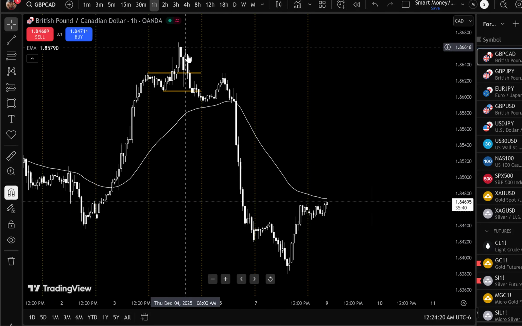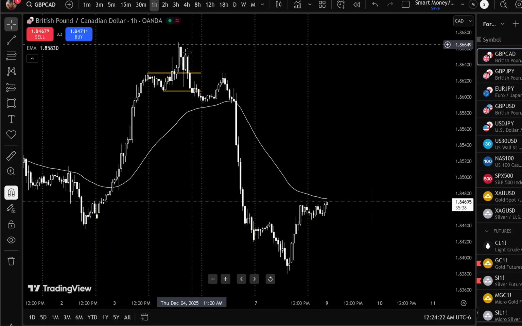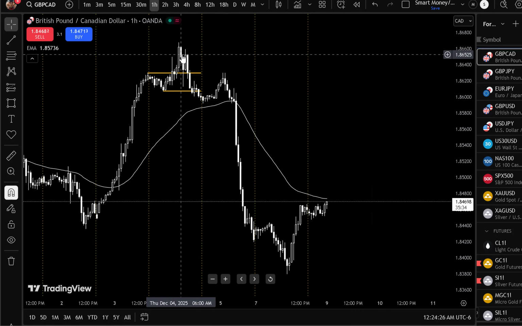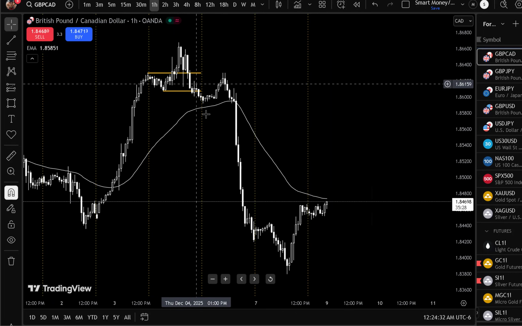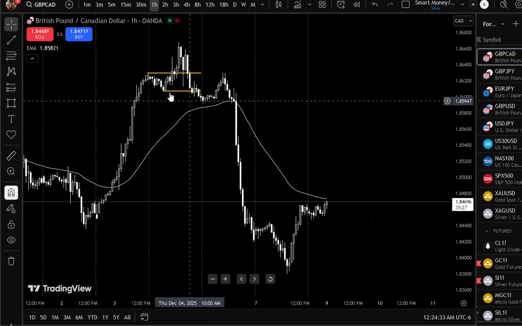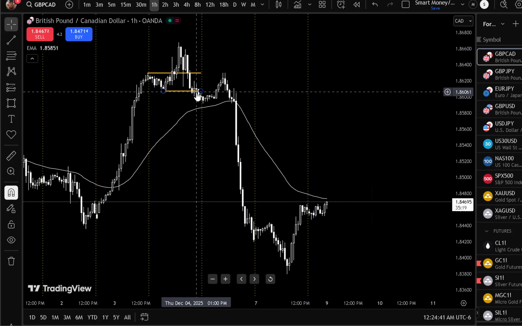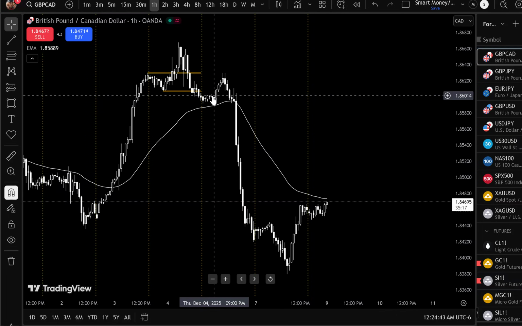We got indication up top. Okay. But look what else happened. After we got indication up top, look, boom, we broke through and we got indication on the bottom side. All right. When it happens like that, now we're looking for a potential bearish market. All right.